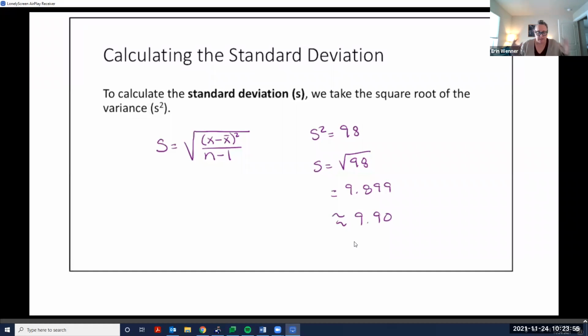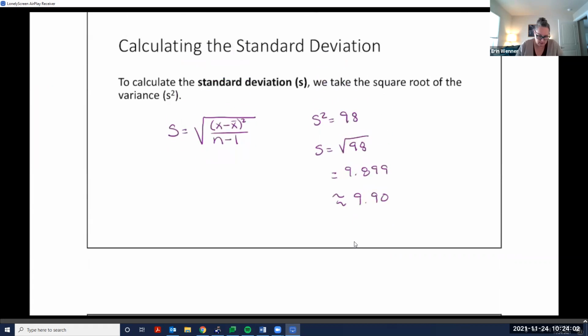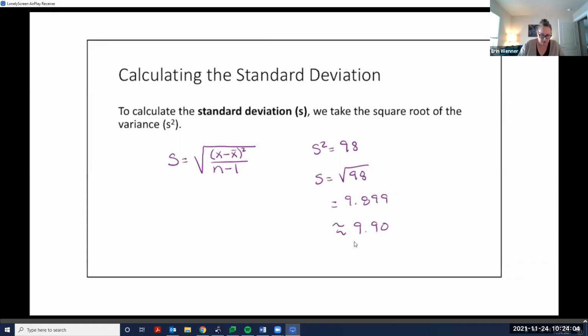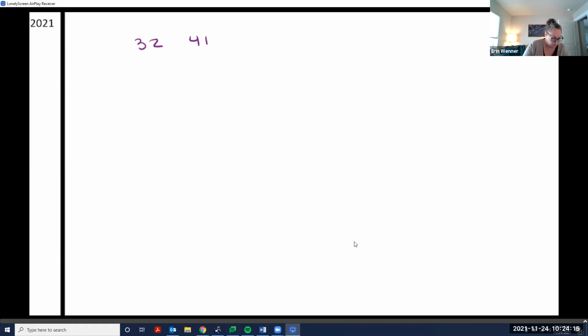When we think about standard deviation, if we go back to our data, I want to draw what this means. Let me add in a page. From our data, remember we had 32, 41, 47, 53, and 57, and a mean of 46.